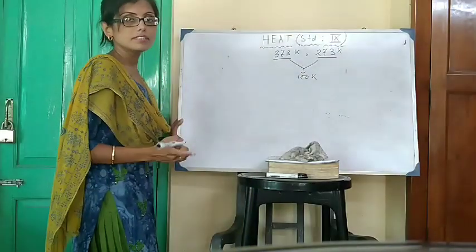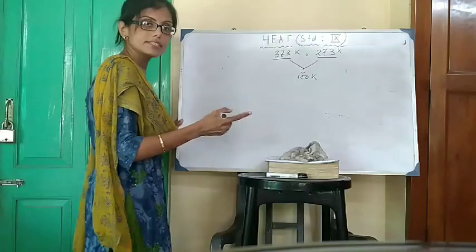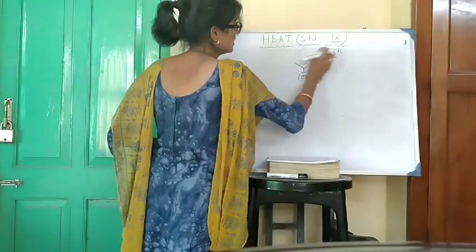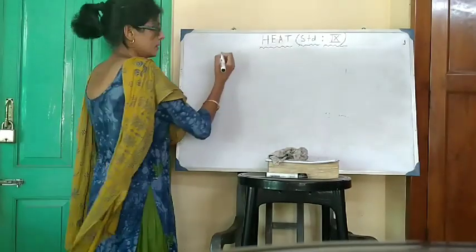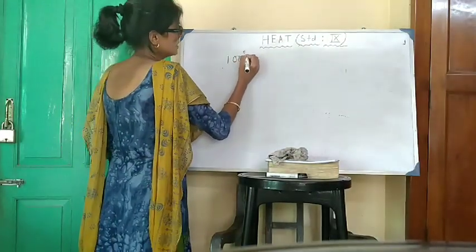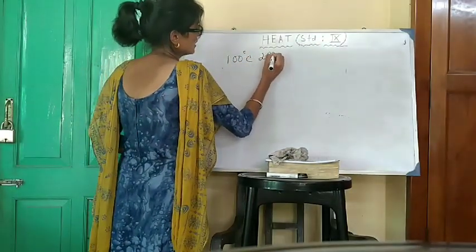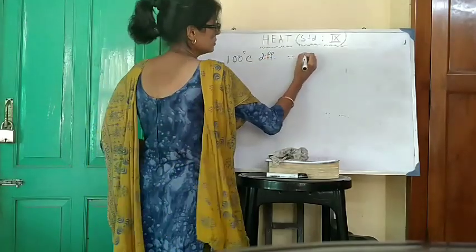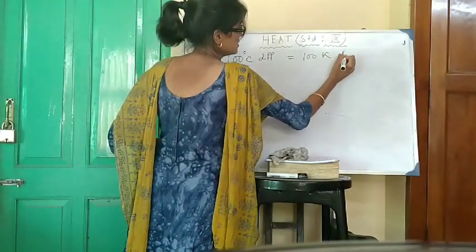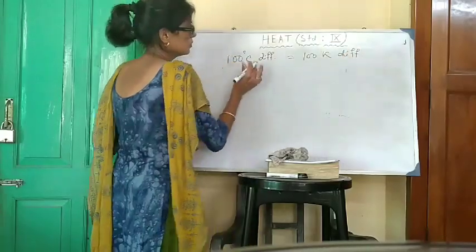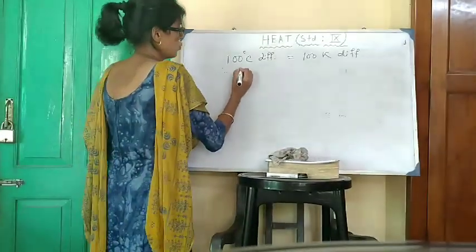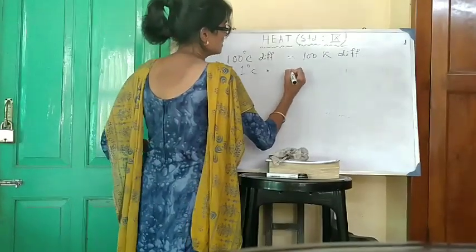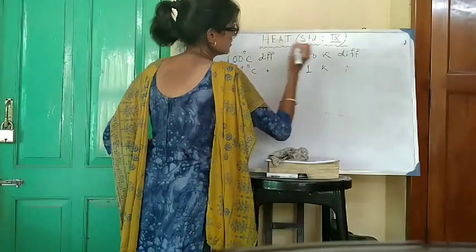What is the fundamental interval in Celsius scale? 100 degrees Celsius. So the fundamental intervals in Celsius scale and Kelvin scale are same. So we can write that 100 degree Celsius difference is equal to 100 K difference. That means 1 degree Celsius difference is equal to 1 Kelvin difference.